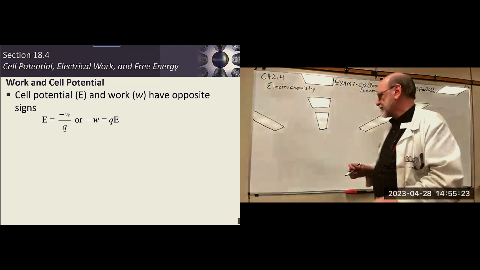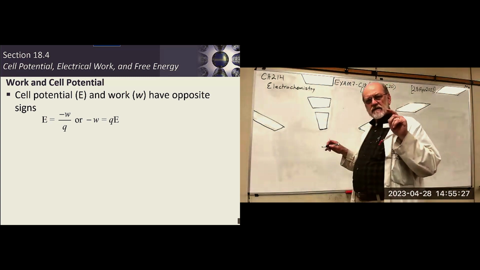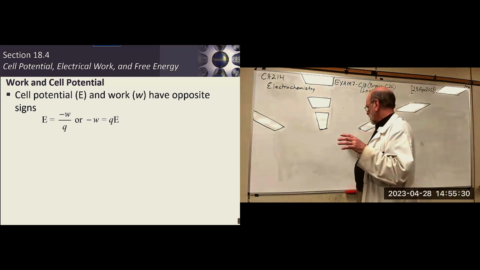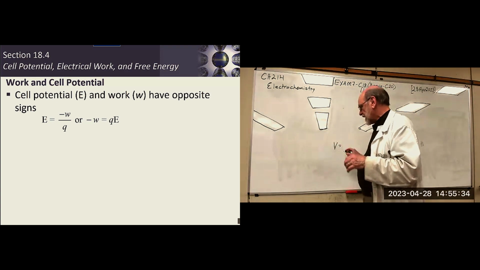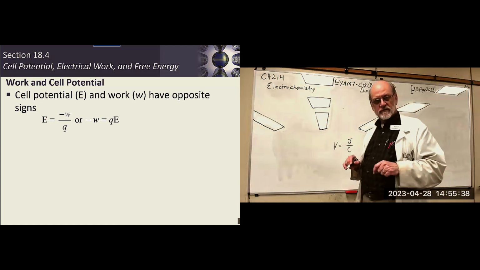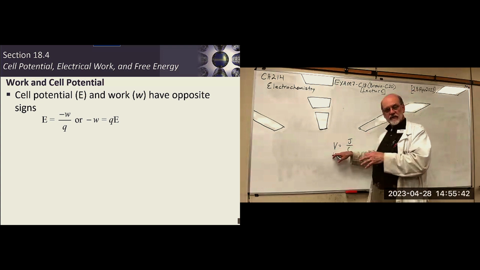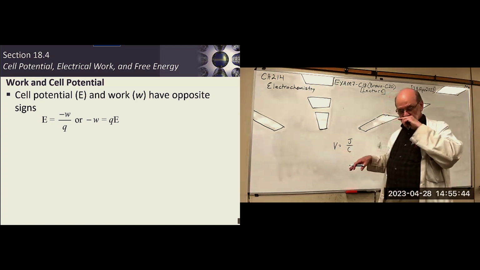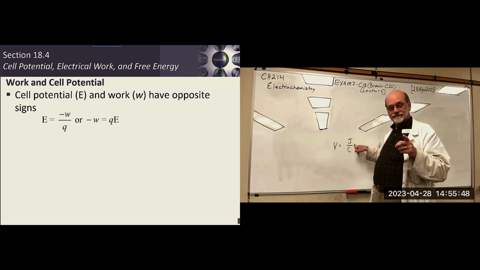If we look at the values for electromotive forces in volts, it's in terms of joules per coulomb. Per coulomb moved, the amount of work that's done is 1 volt. So joules is an expression of work.